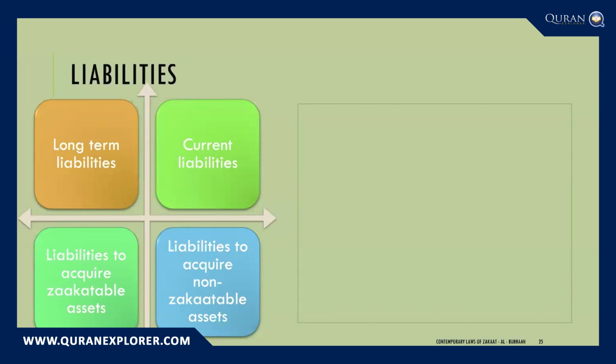And then there's also the issue of, have the liabilities been used to acquire zakatable assets or non-zakatable assets? Now, in principle, any liabilities that have been used to acquire zakatable assets will be deductible from the zakatable assets on your zakat date.